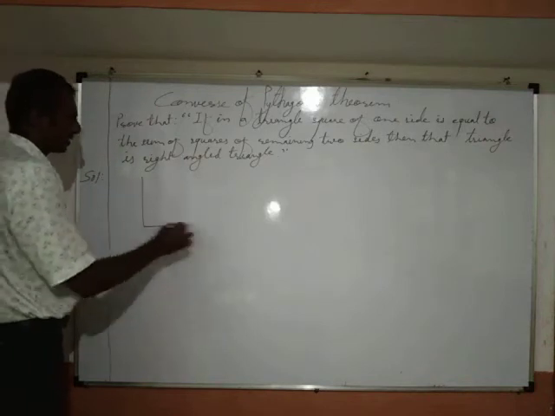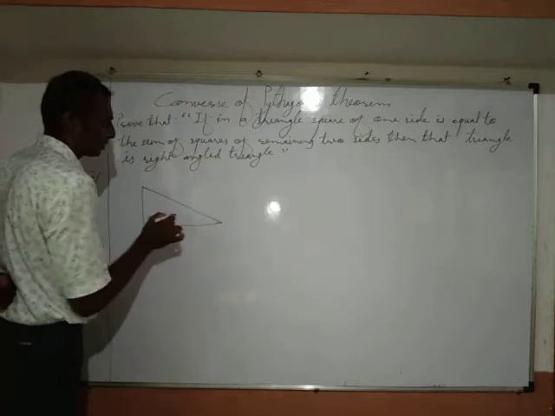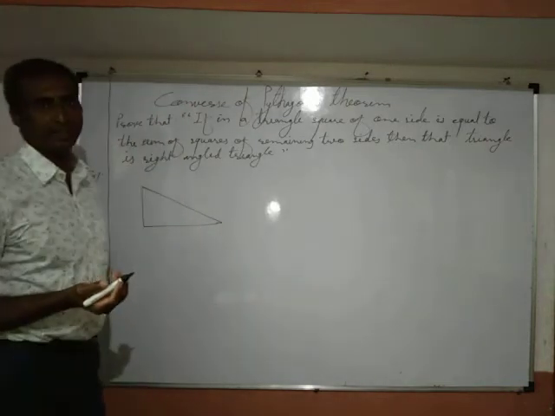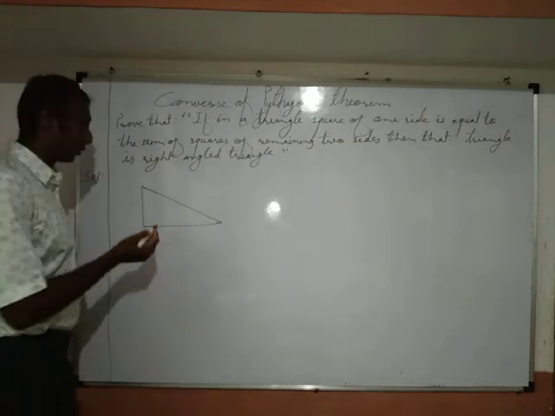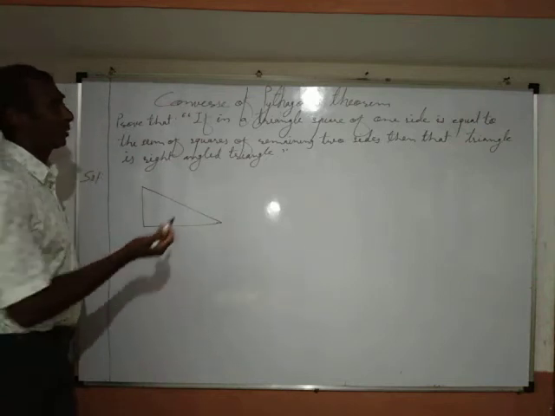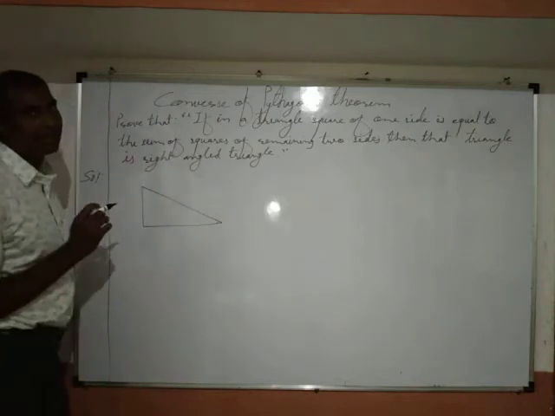we need such a triangle that the square of one side is equal to the sum of the squares of the remaining sides. Already we know that it is possible only in the case of a right angle triangle. We are going to draw a diagram of a right angle triangle, but not going to show its angle having measure 90 degrees, because we are going to prove it is a right angle triangle.